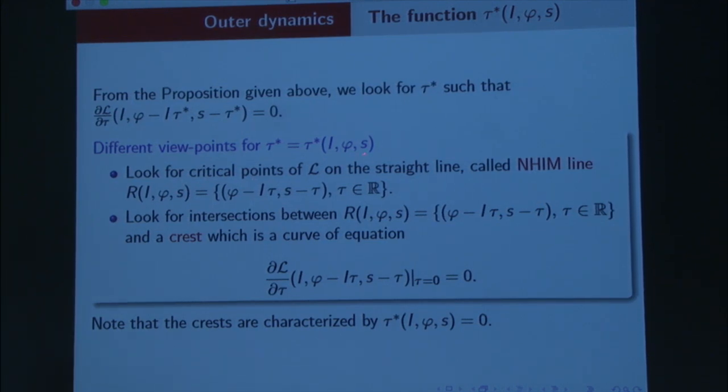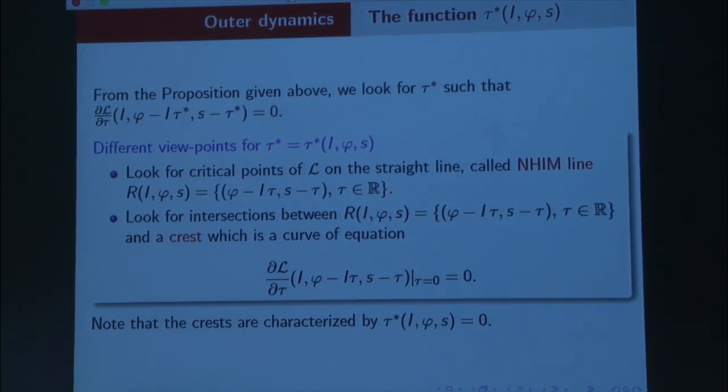The first one that I was telling you is, let's draw different straight lines, and for every straight line, let us look for the maximum or minimum. Or we first look for the crest that will depend on the slope that you have, and every time that I touch this crest, I will be at a maximum or a minimum. And so this is the main point, to study the crest.